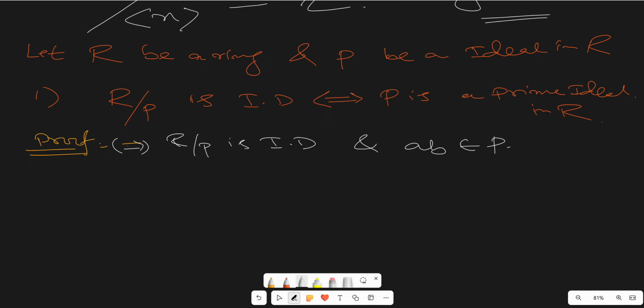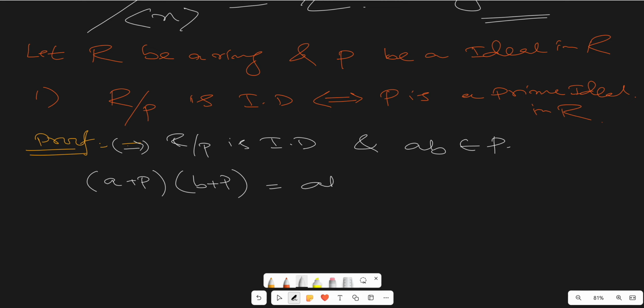See, R mod P is an integral domain. That means it has no zero divisor. So what you can do is take A plus P and B plus P. What is the product?